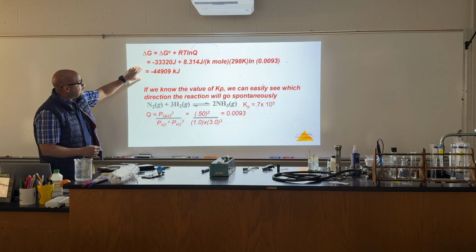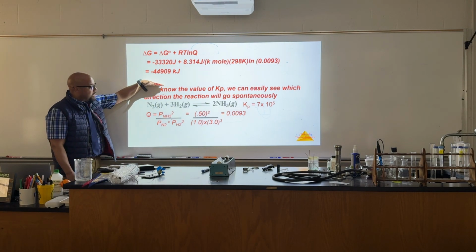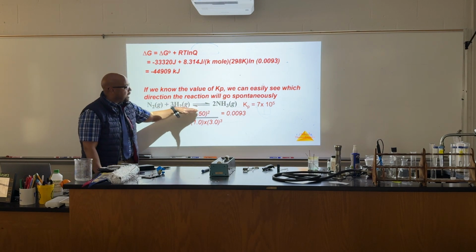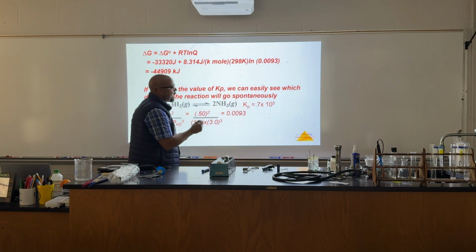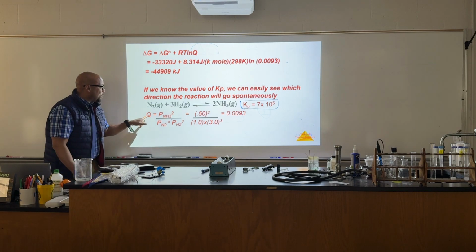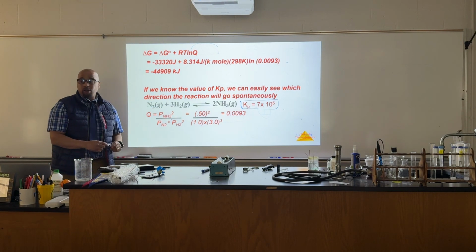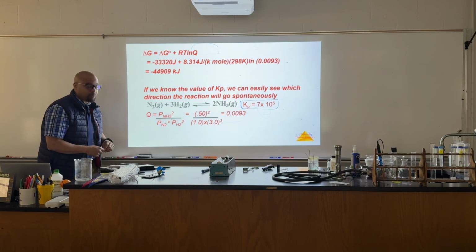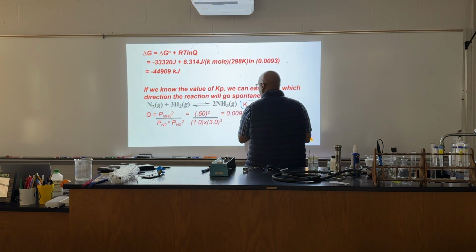So delta G says it's spontaneous in the forward direction. If I had given you this information right here, where I showed you the actual equilibrium between nitrogen, hydrogen, and ammonia, and provided you with the actual Kp, then when you calculated your Q, you could also affirm that this has to proceed in the forward direction because Q is 0.0093.